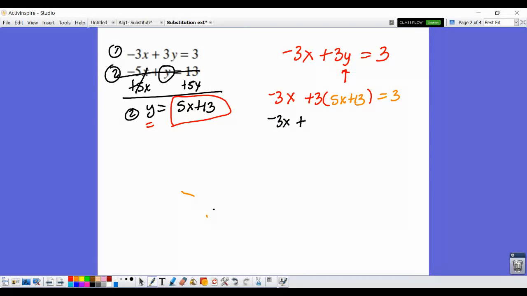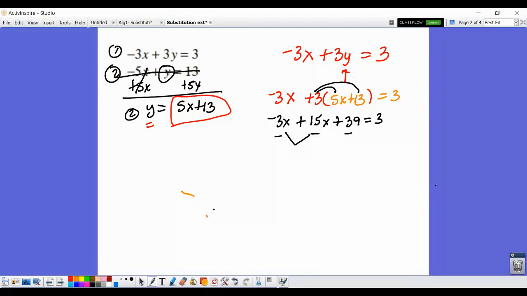Negative 3x. We have a 15x multiplying here, and 3 times 13 is going to give me a positive 39. All right, so now if I look at this, remember you're only supposed to have 2 terms on one side, and I happen to have 3. So that means something has to be combined. There has to be some like terms.